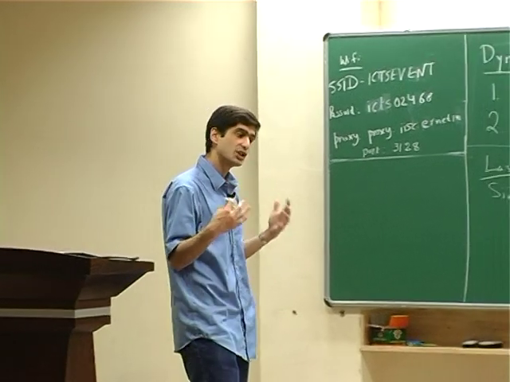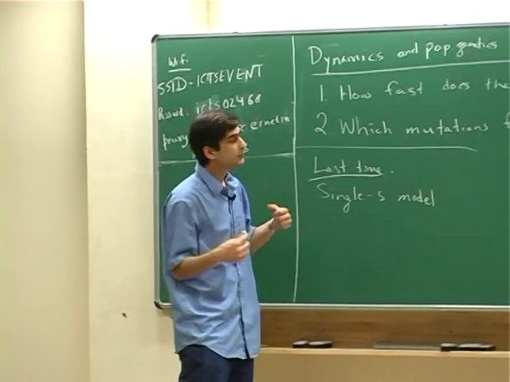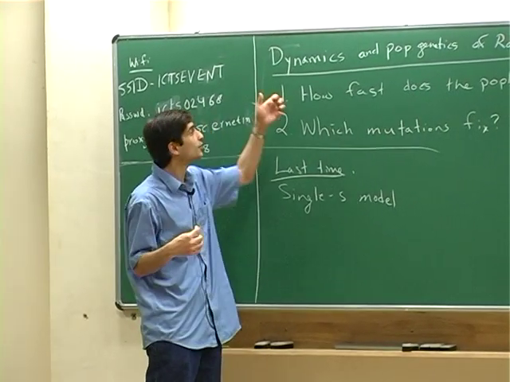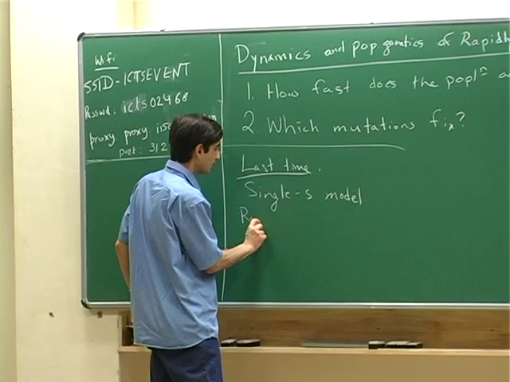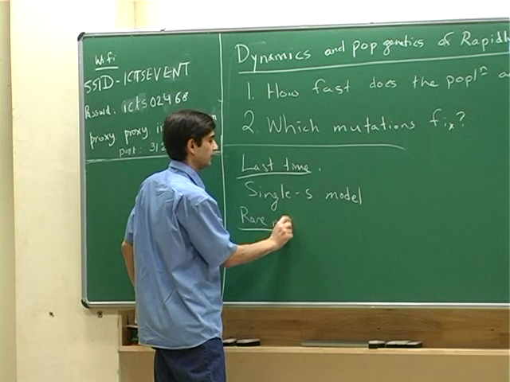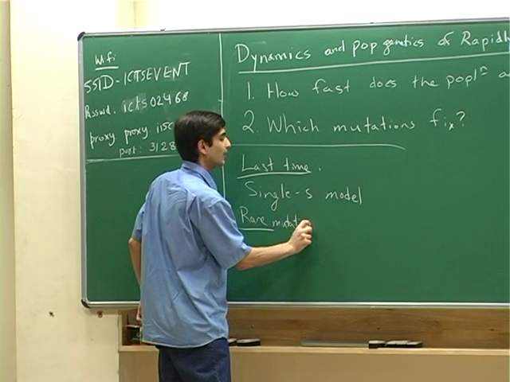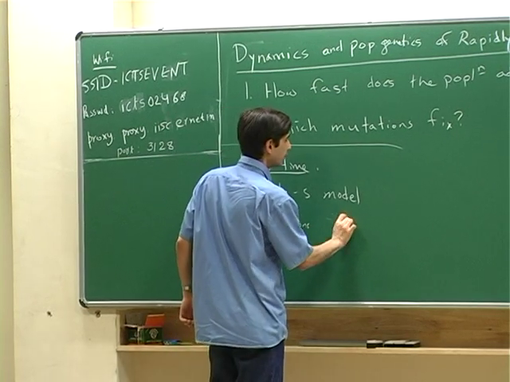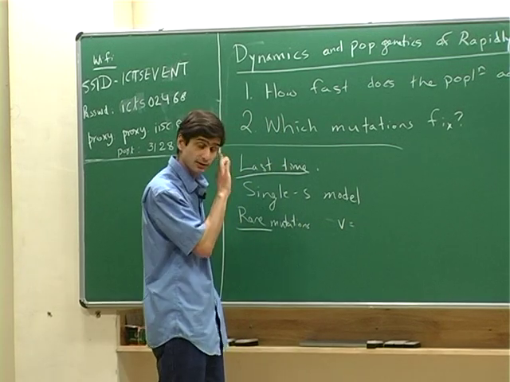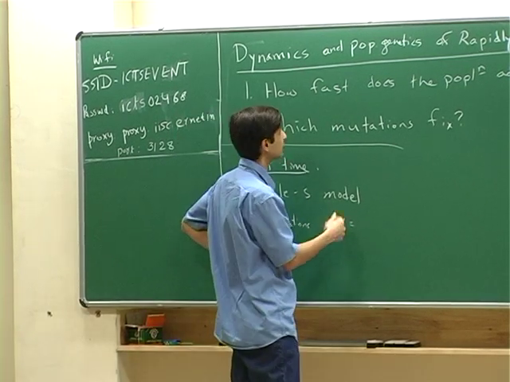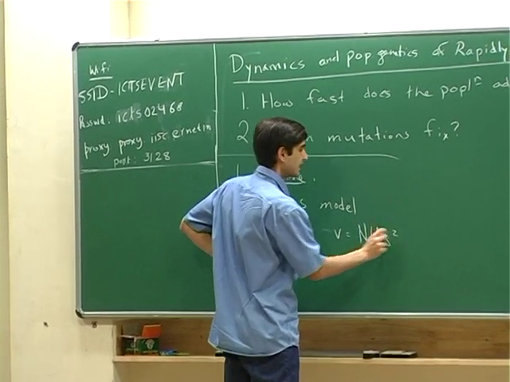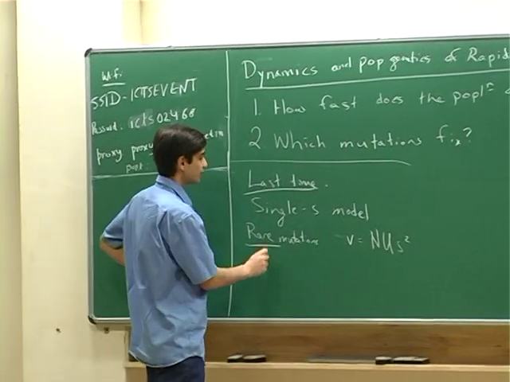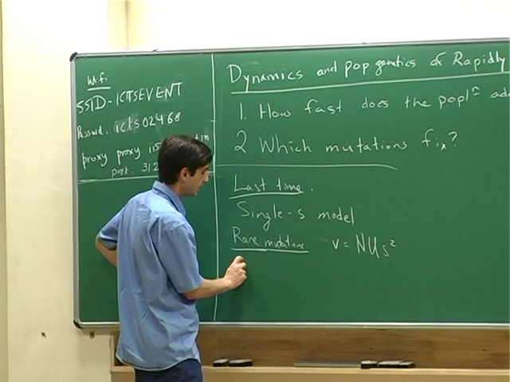We showed that when mutations are rare, the rate of adaptation, meaning the change per unit time in mean fitness of the population, would scale linearly with the population size and mutation rate.